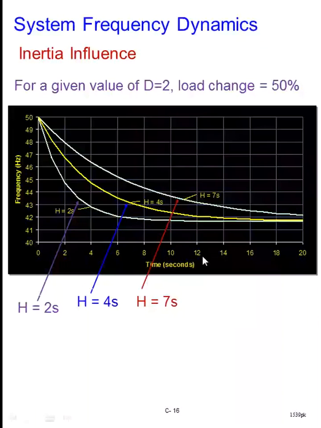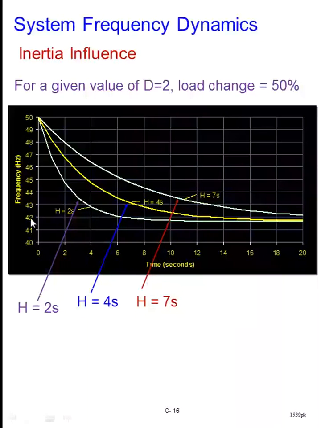Now, we want to understand how the inertia affects this. So we consider a 50% load change, D is 2, and we have different values of H: 2, 4, and 7 seconds. For an overloading of 50%, if H is 2 seconds, the frequency decay is sharper, and the frequency drops to 42 hertz in about 6 seconds.